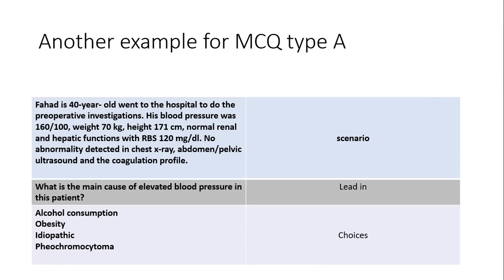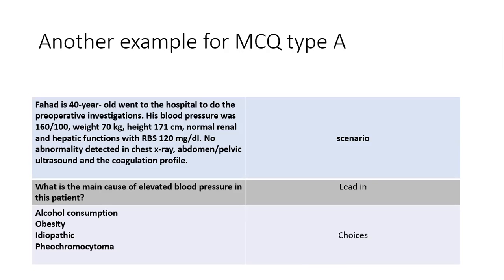Normal renal and hepatic functions with random blood sugar 120 milligram per deciliter. No abnormality detected in chest X-ray, abdominopelvic ultrasound, and the coagulation profile. This is the scenario. The question: what is the main cause of elevated blood pressure in this patient?